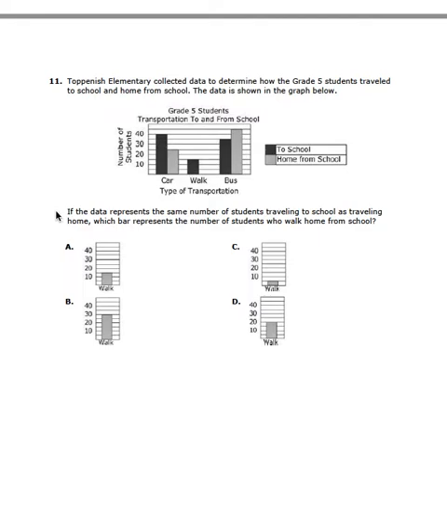If the data represents the same number of students traveling to school as traveling home, which bar represents the number of students who walk home from school? Listen to that question again. Bar A, bar B, bar C, bar D.